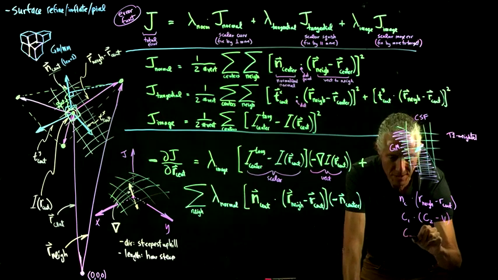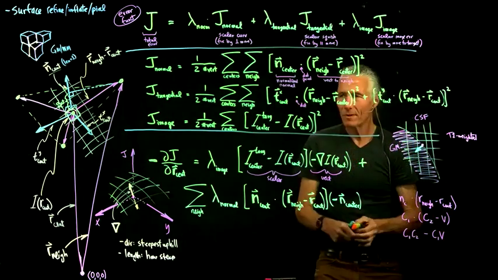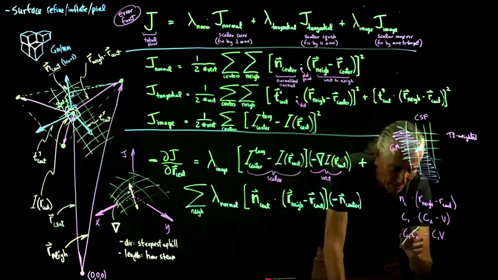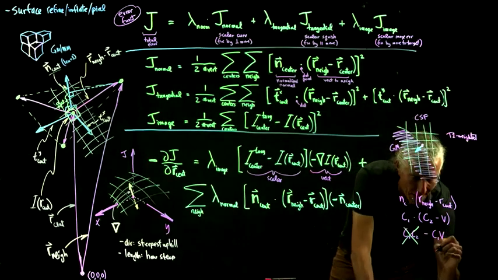And so, if you distribute that, then you have constant 1 times constant 2 minus constant 1 times variable. And when we take the derivative of a constant, it's 0. When we take the derivative of this guy, we just get constant 1.